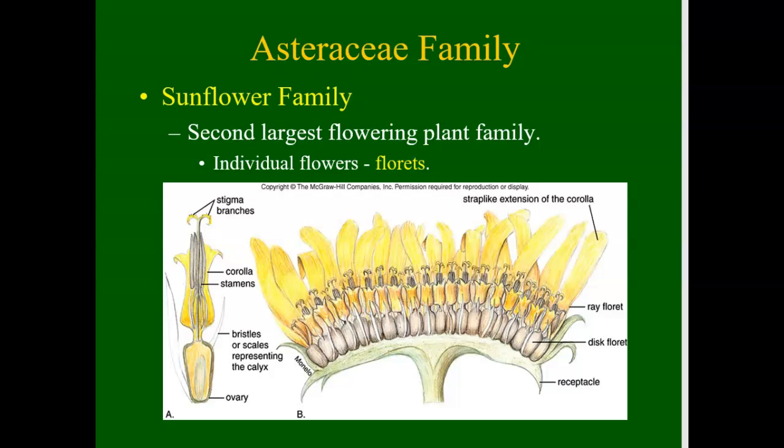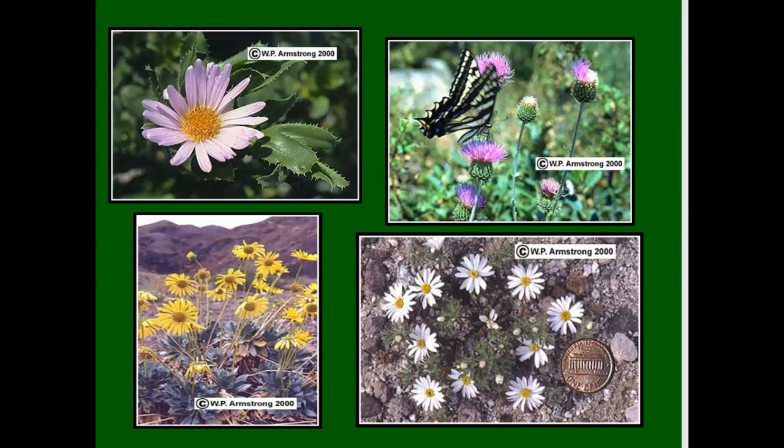And this group has been very, very successful. As I mentioned, it's the second largest plant family. There are lots and lots of different kinds of daisies. And there's Asteraceae, asters and daisies. Some of them are very tiny. Some of them are much bigger.